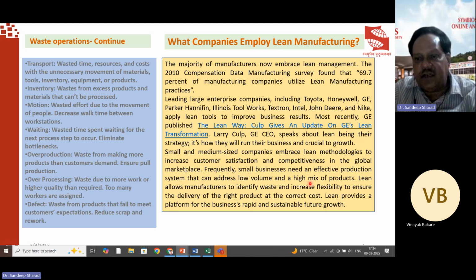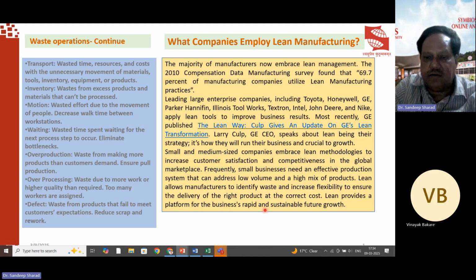Frequently, small businesses need an effective production system that can address low volume and high mix of products. Lean allows manufacturers to identify waste and increase flexibility to ensure delivery of the right product at the correct cost. Lean provides a platform for rapid and sustainable future growth.